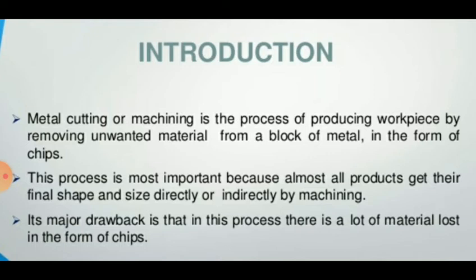Second, internal and external surface features which are difficult or not possible by other processes can be produced by machining processes. Third, specified surface characteristics or texture can be achieved on a part or component. And fourth, it may be economical to produce a component by machining. So these are some features of machining processes.